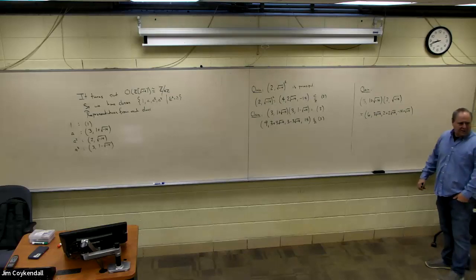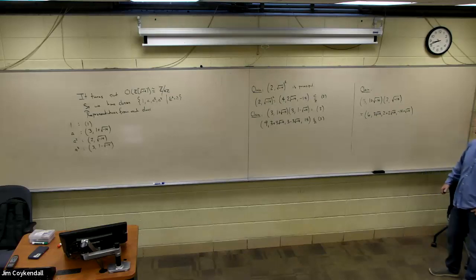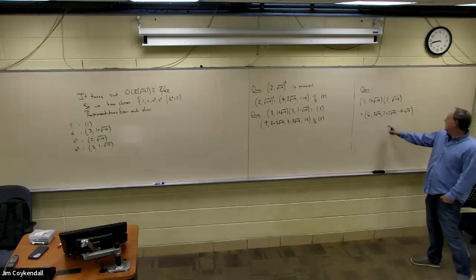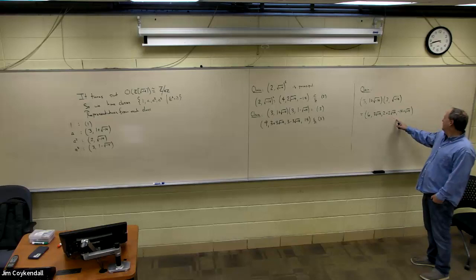Anybody see what to do? You subtract 3 square root minus 14, or if you do 2 plus 2 square root minus 14 minus 3 square root minus 14, you get 2 minus square root of minus 14.